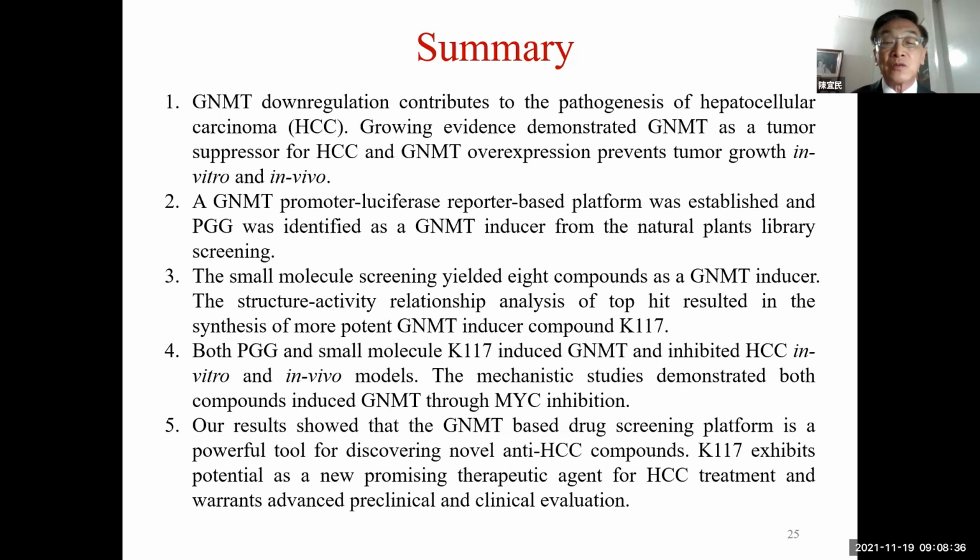But it's worthwhile to mention that K117 only inhibits MYC expression at a transcriptional level, but PGG inhibits MYC expression not only at the transcriptional level, but also at the post-translational level through the lysosomal pathways.